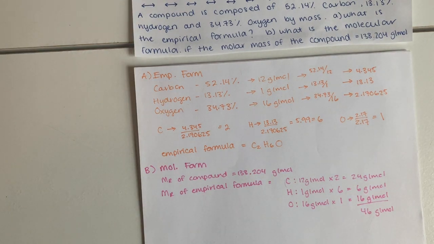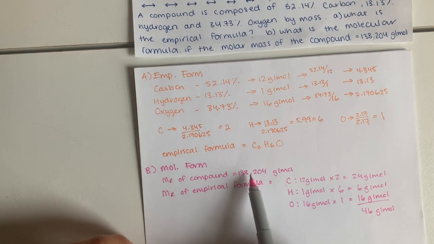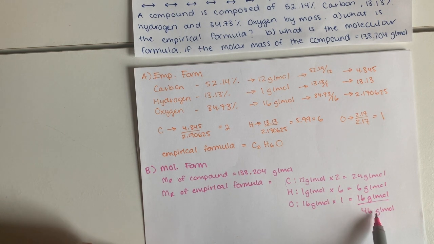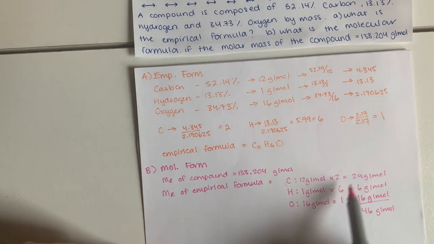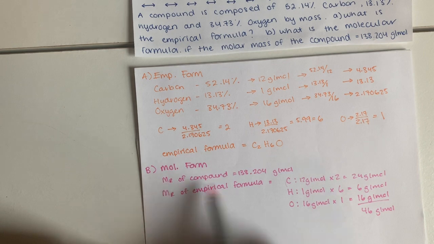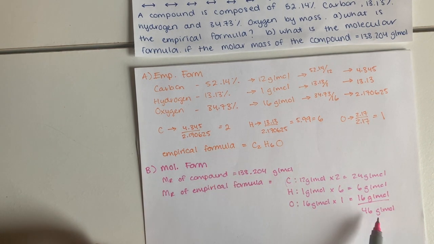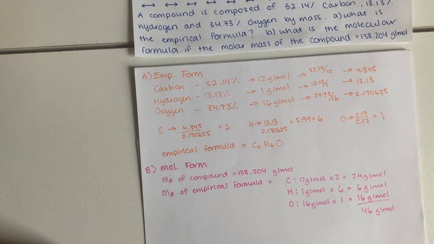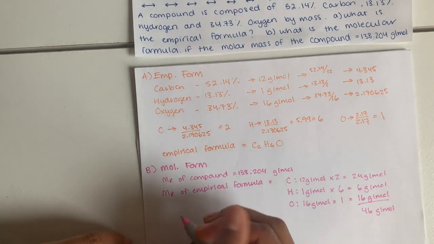Now, we just need to see how many times this can go into this, right? If this is the empirical formula and this is the mass of the actual compound, we're just going to divide this number by this number, and it's going to tell us what we need to multiply the empirical formula by. So here we go.